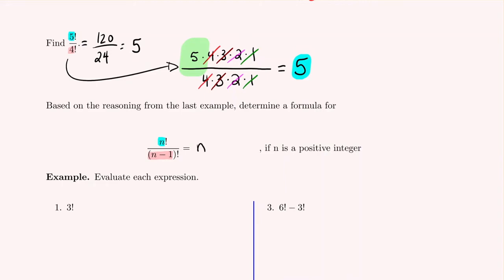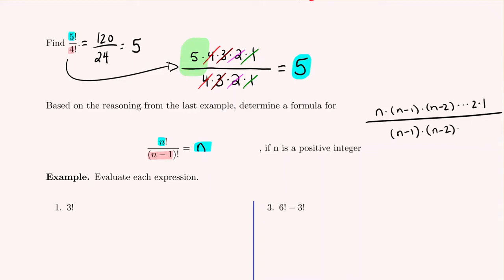It'll simplify to n. And the reason is, if we write out n factorial, by definition that's n times n minus 1 times n minus 2, all the way down until we get to 2 times 1. Similarly, n minus 1 factorial starts at n minus 1. Now, n minus 1 is actually n minus 2.